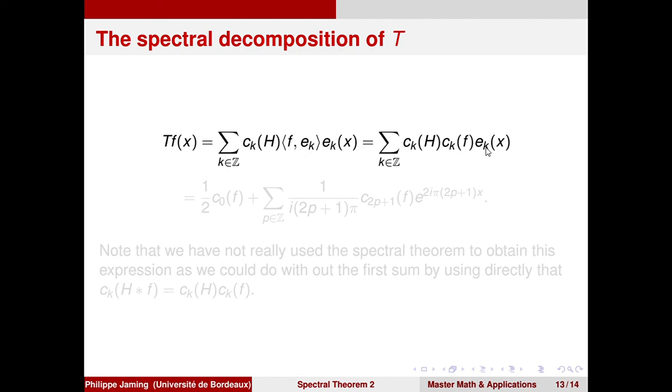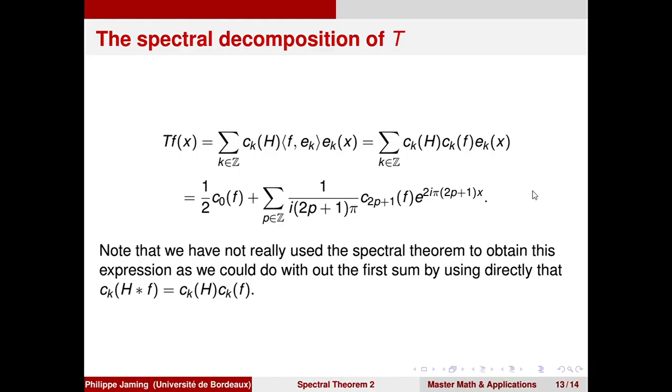The scalar product of f with e_k is c_k of f, so we can rewrite this as the sum over k of c_k(h) c_k(f) e_k. In other words, it's 1/2 of c_0(f) plus the sum over p in Z of 1 over i(2p plus 1)pi, because only the odd ones come into the game, c_(2p+1)(f) e^(2 i pi (2p+1)x).